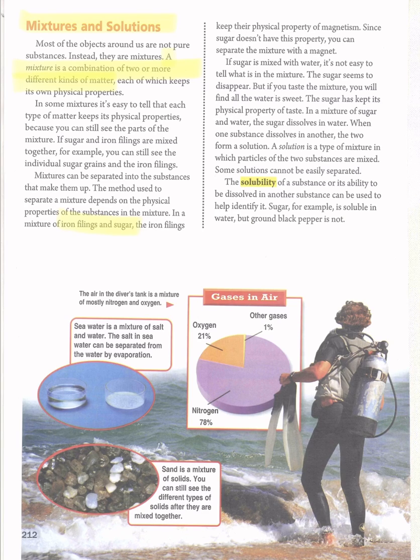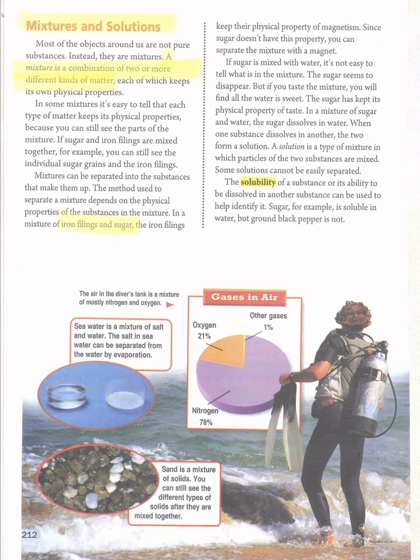For example, we have a glass of water, and when you put sugar in it, the sugar will dissolve in it. We say the sugar and water is a solution. Why? Because we cannot separate the sugar from the water easily.